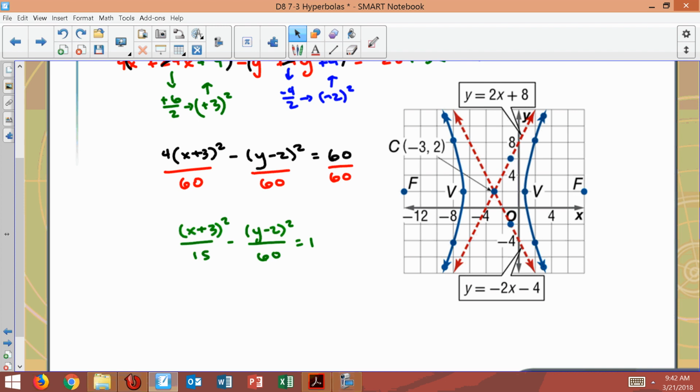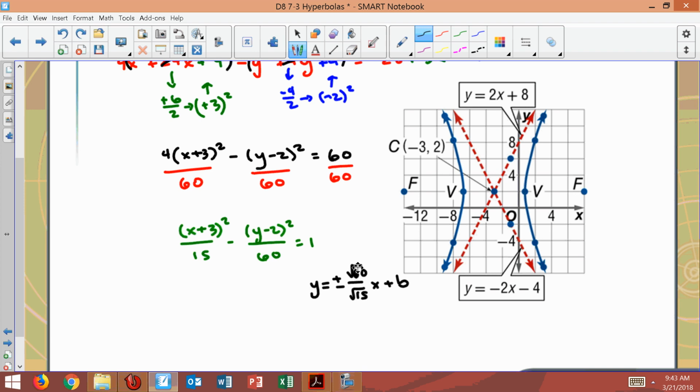Now let's find these exact equations, the asymptotes. As a reminder, how we get those is you could say y equals plus or minus the square root of the y value, that's the rise, over the run. So it'd be the square root of 60 divided by the square root of 15, x plus b.